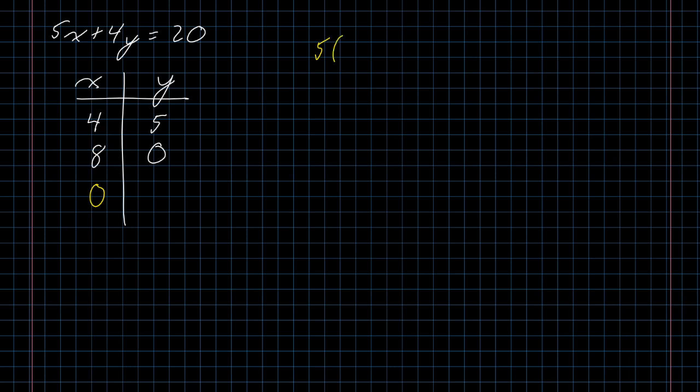We then plug that value into the equation and solve for the other variable. Why is this making no sense? Because I wrote the wrong equation down.